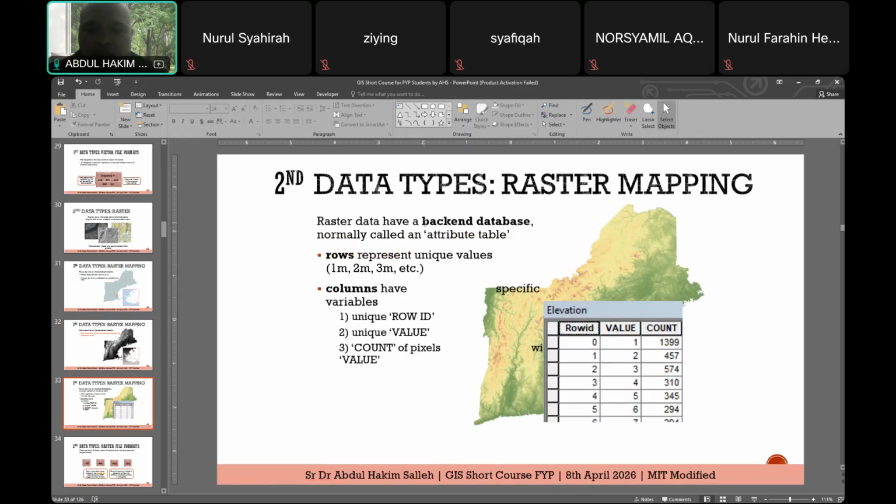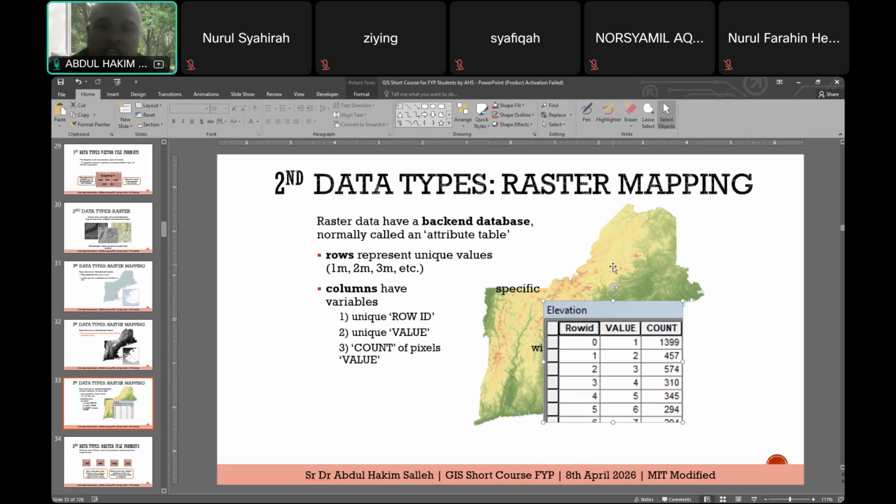Next is the back-end database. Okay. Of course, we still call it the attribute table, but it is not something that you manually insert. It is more like an image that you captured. Whatever you have in front of you, that's it. That will be the attribute. Okay, usually it will be in the form of counts.